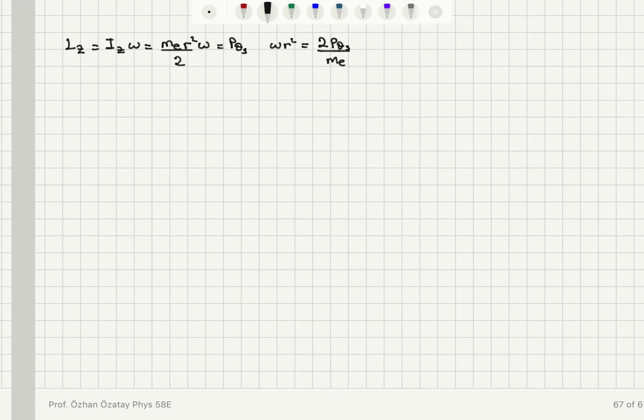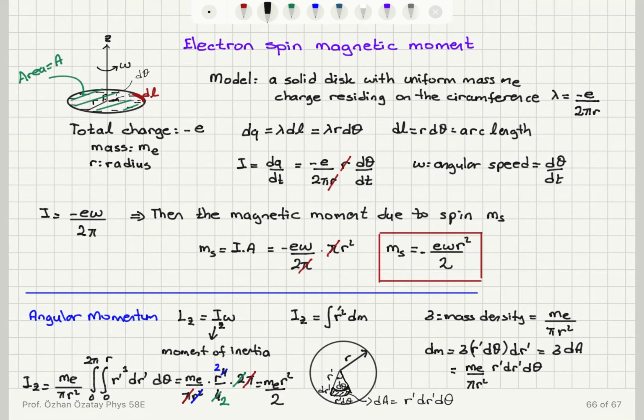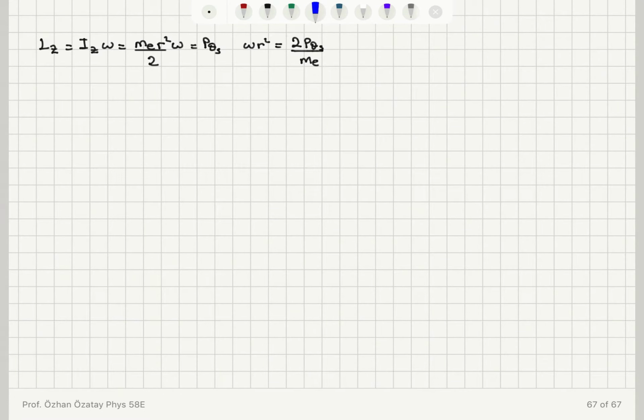So if I go back to my moment of inertia here, no, the magnetic moment, sorry, not moment of inertia. So we're going back to the magnetic moment due to spin.